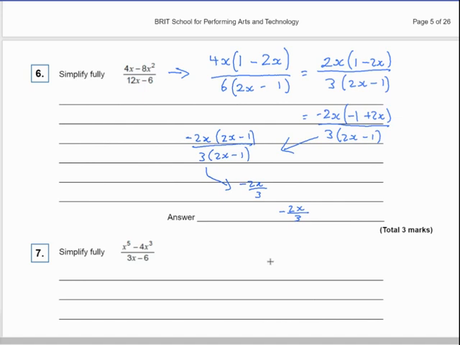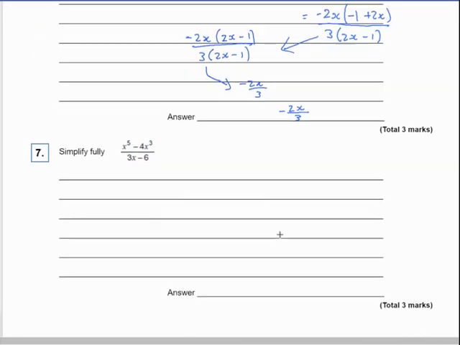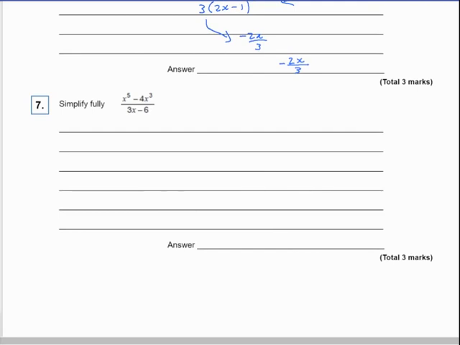That was a cool question. It would stump a lot of people to know that 1 minus 2x and 2x minus 1 are kind of multiples of each other. Okay, next we've got simplify fully, x to the power of 5 minus 4x cubed all over 3x minus 6. The highest common factor between x to the power of 5 and 4x to the power of 3 is x to the power of 3.